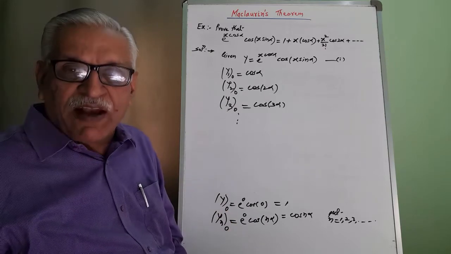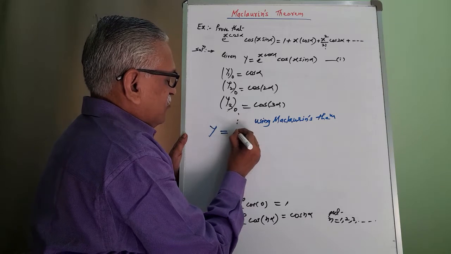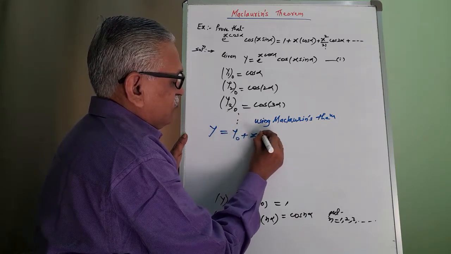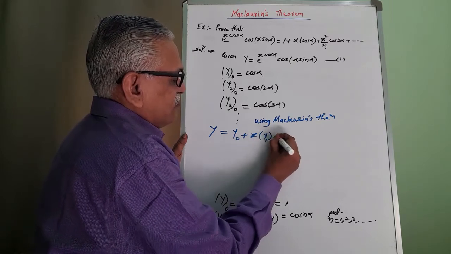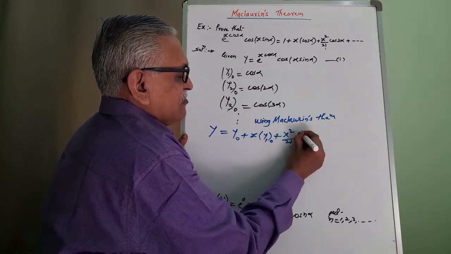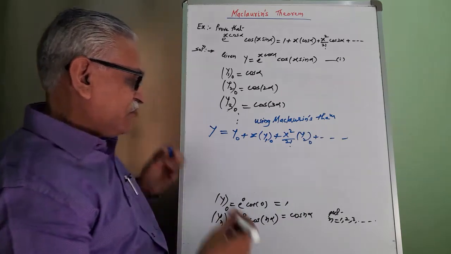And then applying Maclaurin's theorem, we get y equal to y at 0 plus x into y1 at 0 plus x square by 2 factorial y2 at 0, and so on.